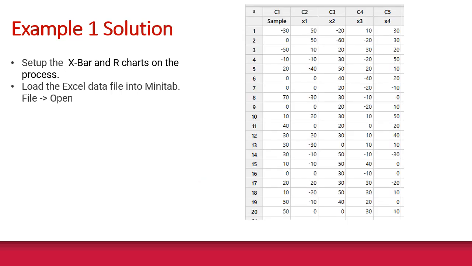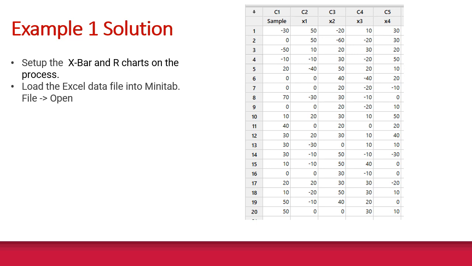This particular example is from Montgomery, and he had the data in an Excel spreadsheet. So I copied the data over to Minitab, although Minitab will just load Excel spreadsheets. You just go to File and Open and select it, and it'll bring it right in for you.